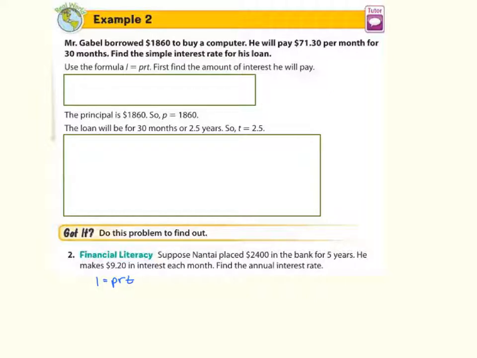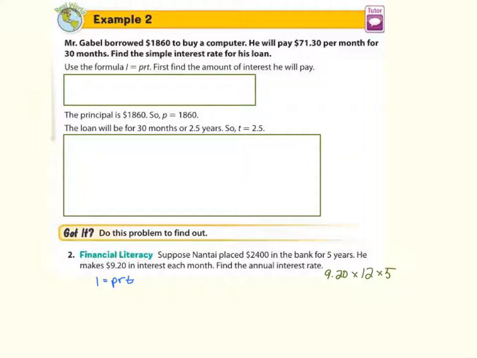In this circumstance, you have $9.20 as your interest, but that's your interest each month. You have to calculate that interest for 5 years. So again, there's a little bit of math that we have to do before we actually substitute within the problem. We're going to find $9.20 for 12 months for 5 years, because 12 months are in a year.